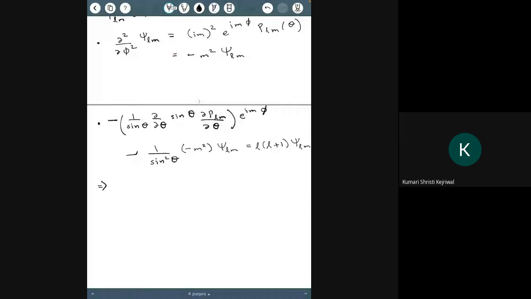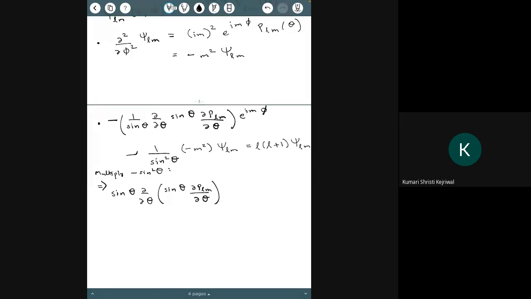Now what I can do is I can multiply by minus sine square theta. So then I get sine theta del theta on sine theta del P_l^m del theta. I could have also actually deleted.